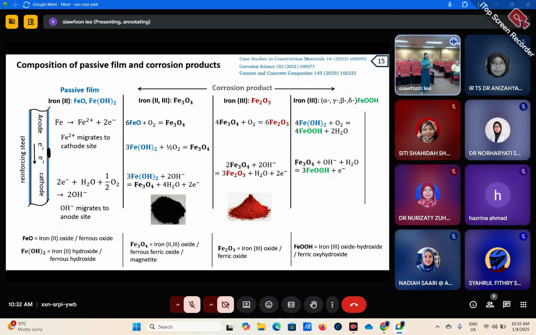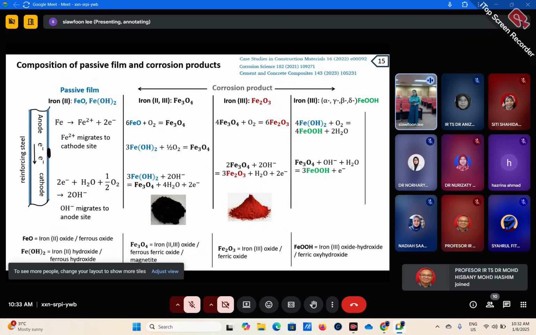But here is iron 2, because the oxidation state of oxygen is -2, and when it combines with the iron it is also 2. But here is somewhere in between, because the oxygen is 2, and 2 times 4 is 8, and 8 divided by 3 is somewhere between 2 and 3. So this is the reason in this type of corrosion product they term it iron 2 and 3. And this type they call iron 3. Okay.